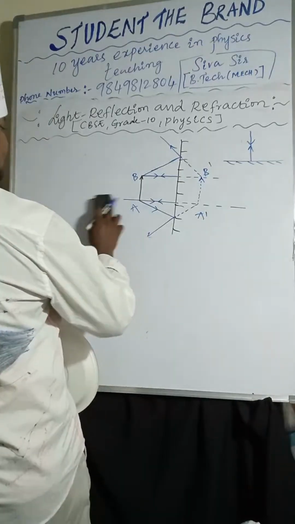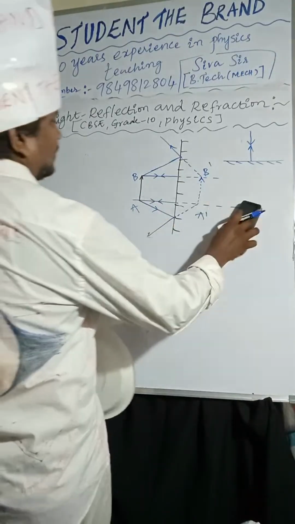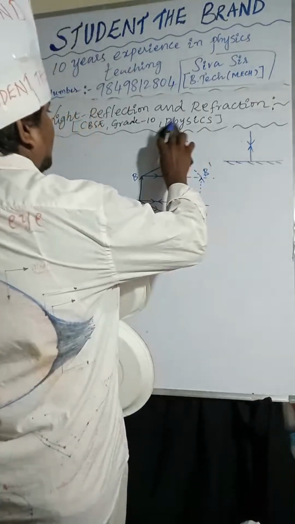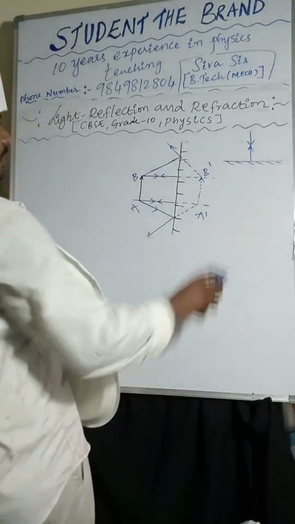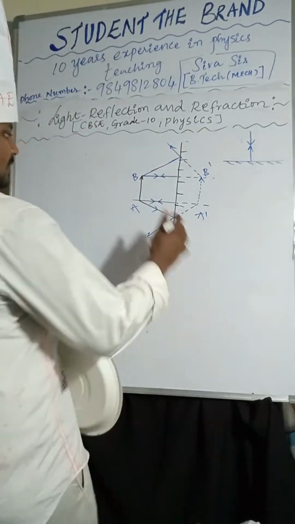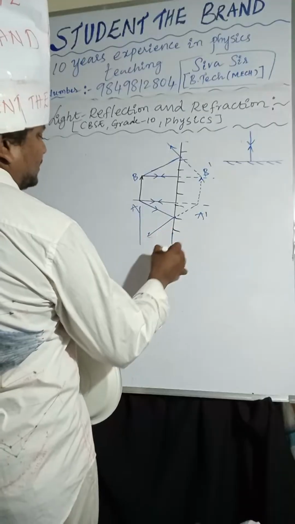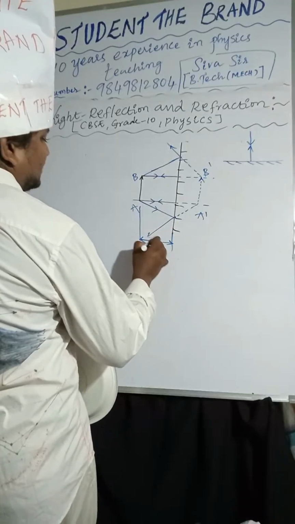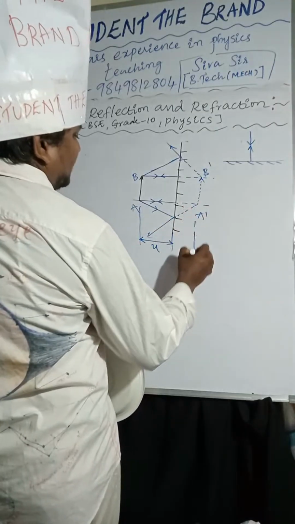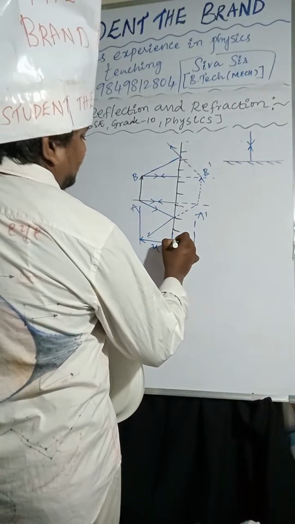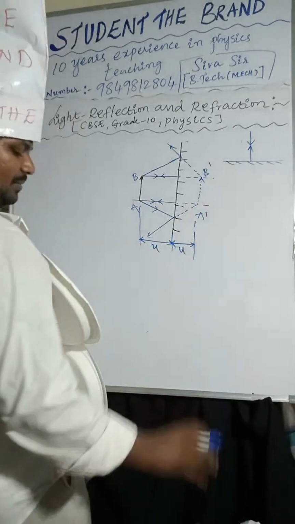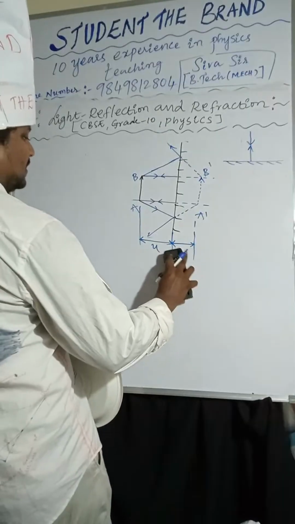Now you are considering here. The distance between object and mirror is called object distance. The distance between mirror and image is called image distance. Object distance and image distance.